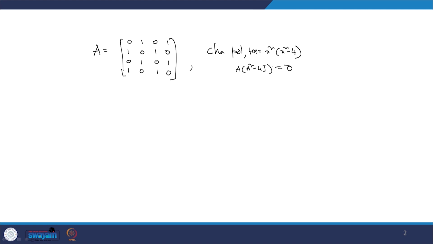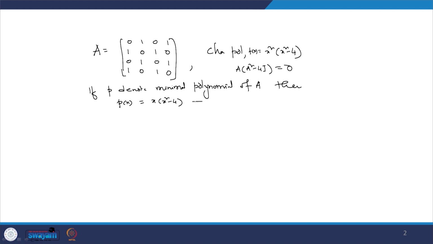Then I told that if p denotes the minimal polynomial of A, then p(x) is equal to x into (x squared minus 4).